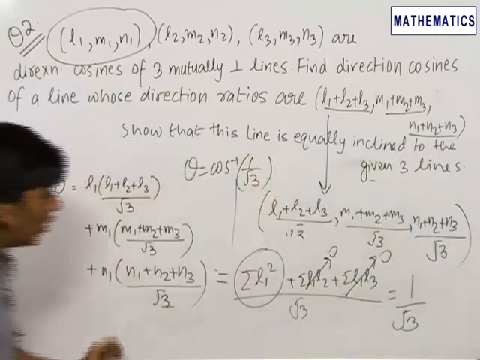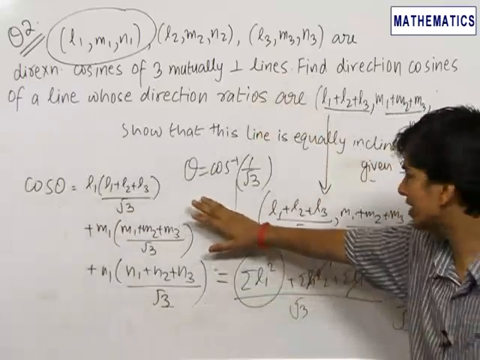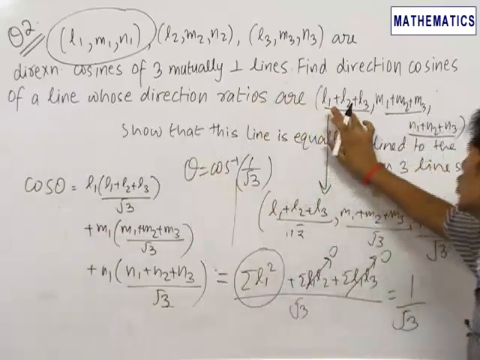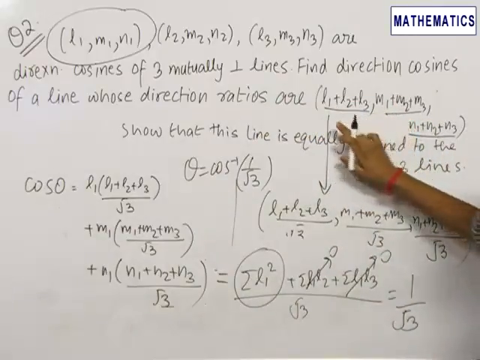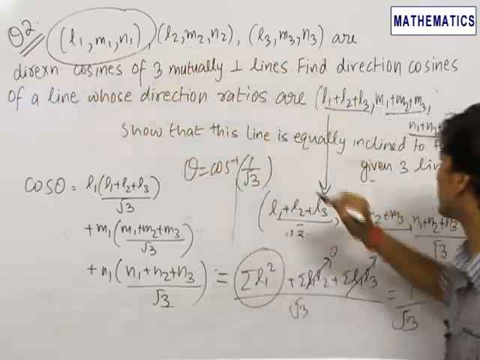Now we have to check for the other two lines also, but we need not check because we can see it directly. There is no bias between L1 M1 N1, L2 M2 N2 and L3 M3 N3.